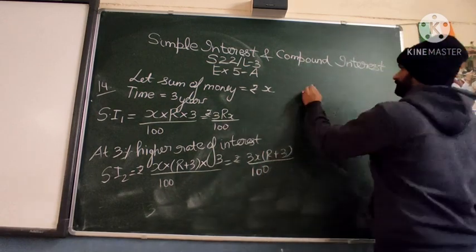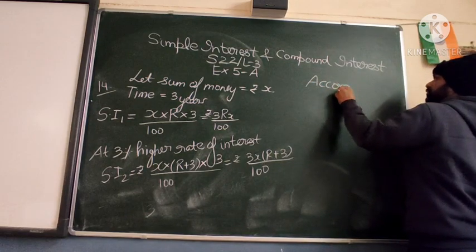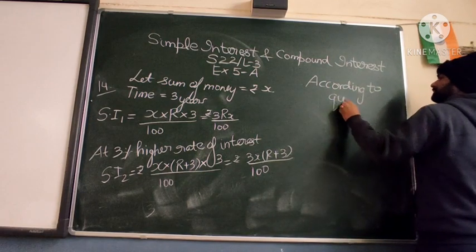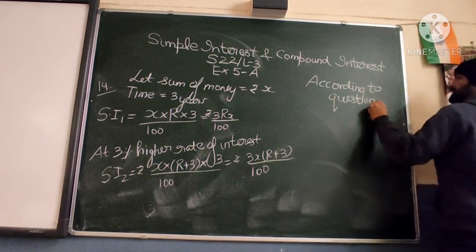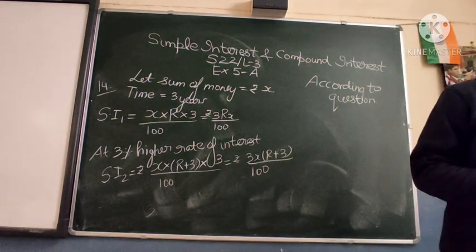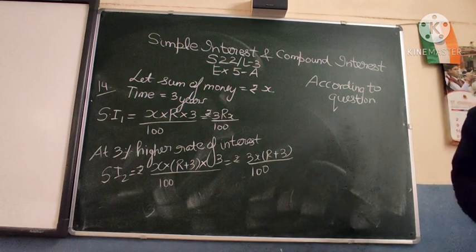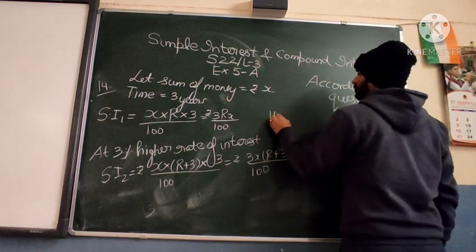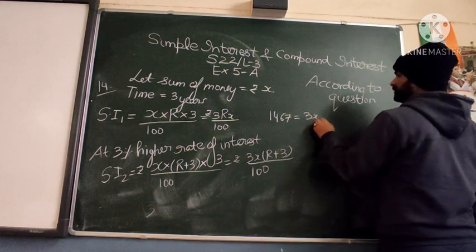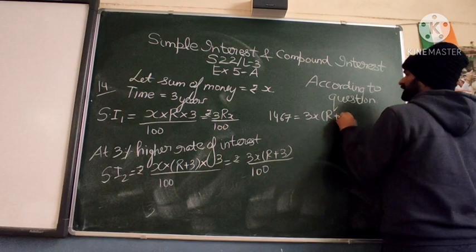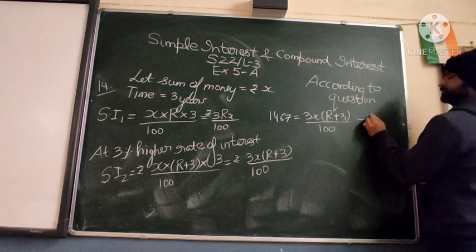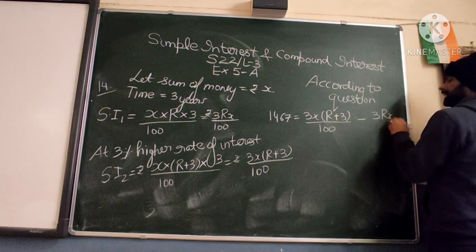Now, according to the question, with the higher interest rate, how much more money are they earning? 1467. That means 1467 is equal to the higher interest, so 3x into R plus 3 upon 100 minus 3Rx upon 100.